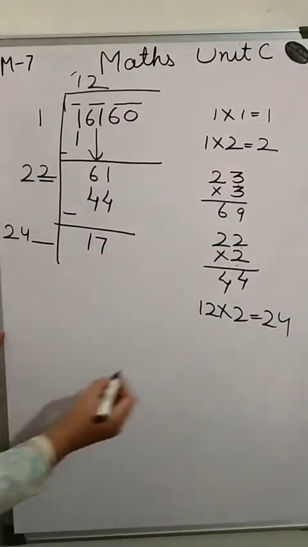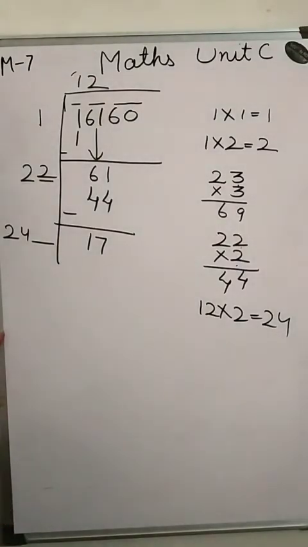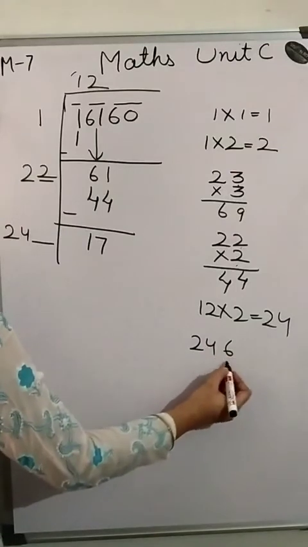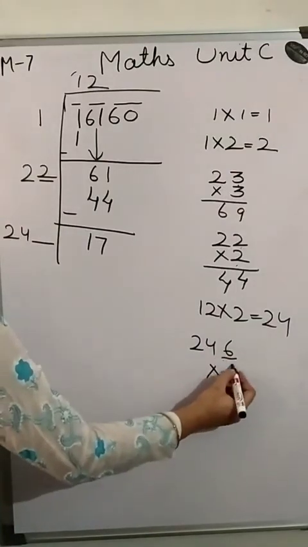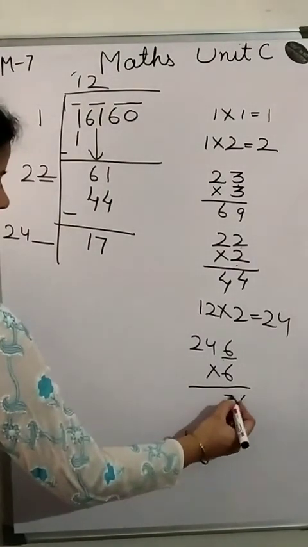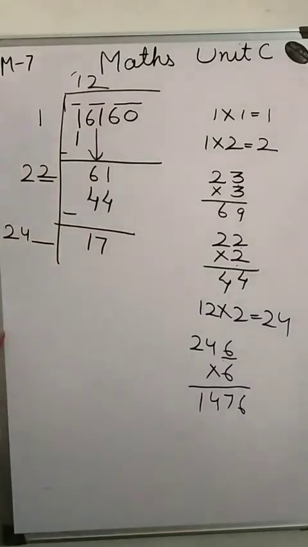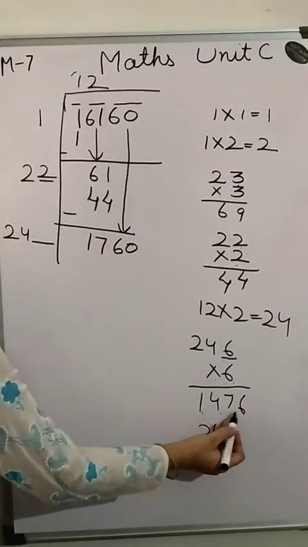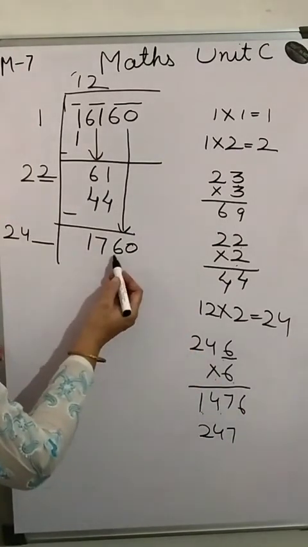Suppose I am taking 6 and filling it here. So I multiply it by 6. So what is the answer? It is 1476, which is less than 1760.